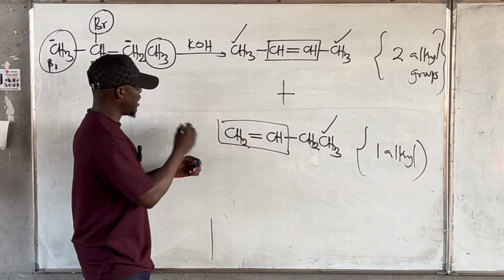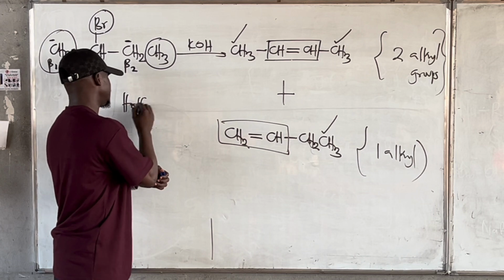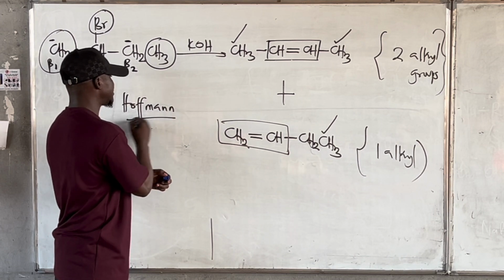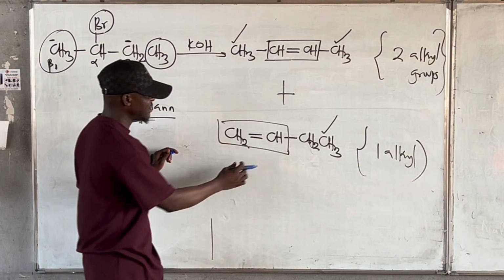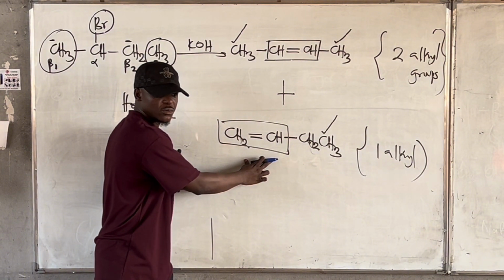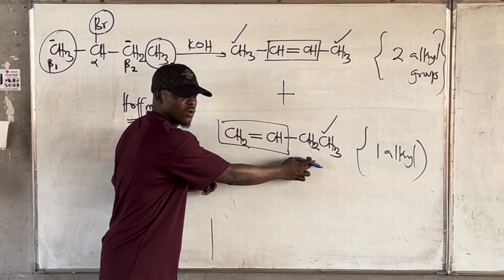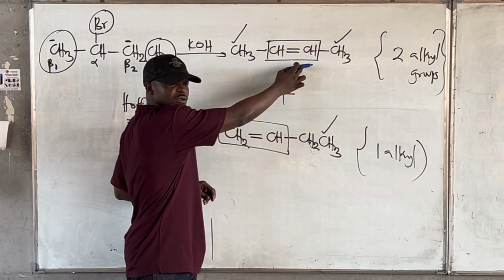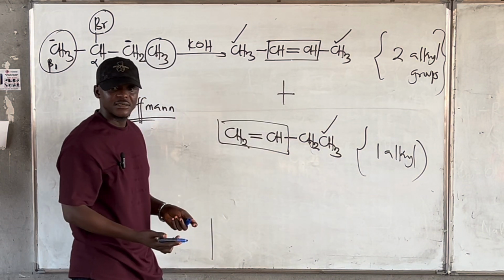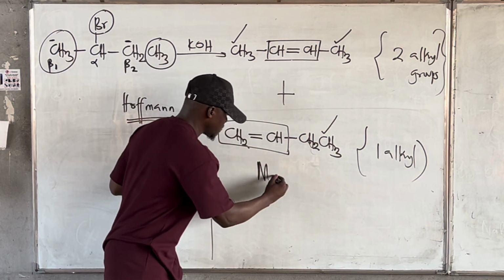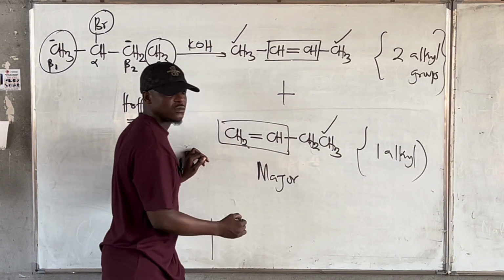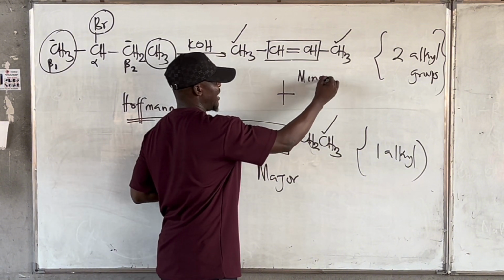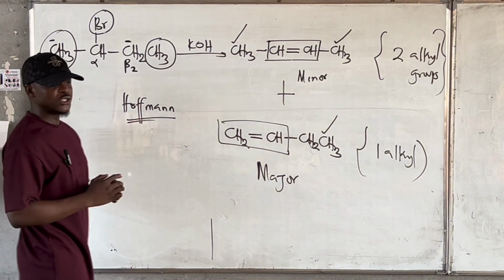So let's say according to Hofmann, using this same reaction, this will be the what? Major. Because this one has how many substituents? This one has how many? 1. And this one has how many? Between 1 and 2, which of them is less? So according to Hofmann, this will be major. And this will be what? Minor. They are opposite of each other.